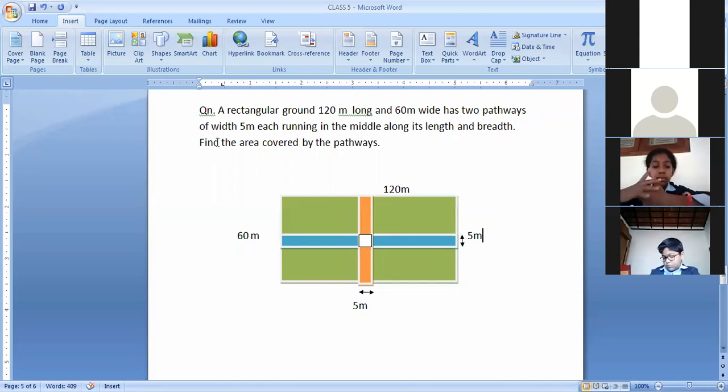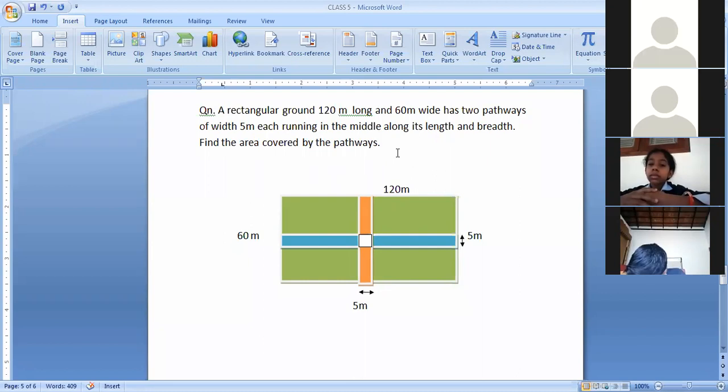Finally, we need to find the area covered by the pathways. How many pathways are there? Two pathways. So we need to find the area covered by the two pathways.